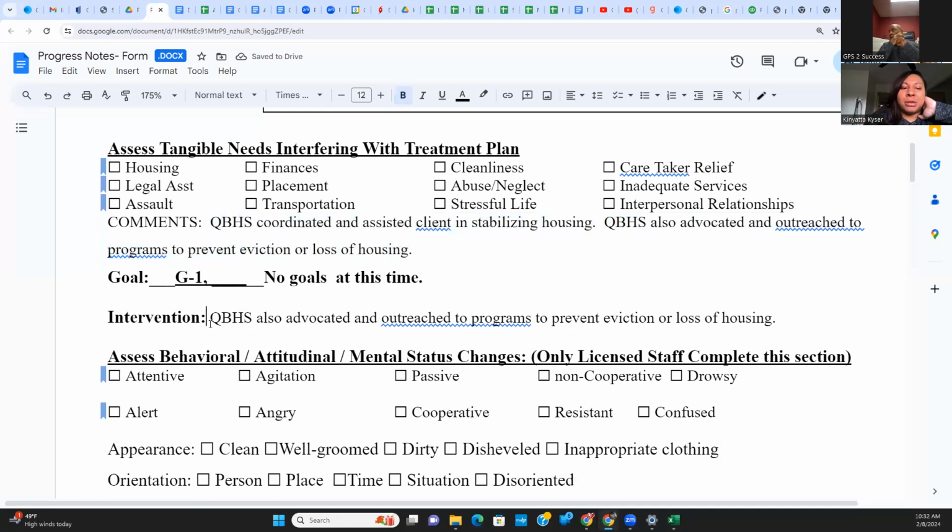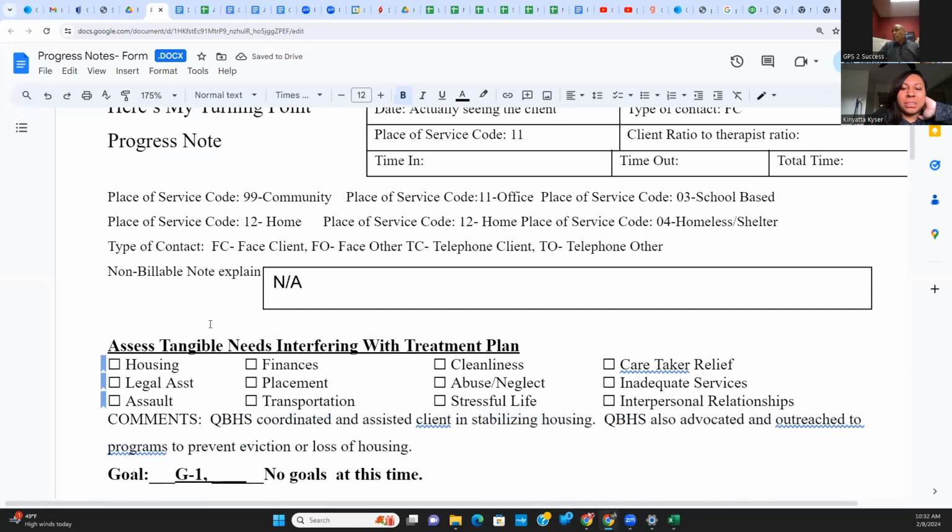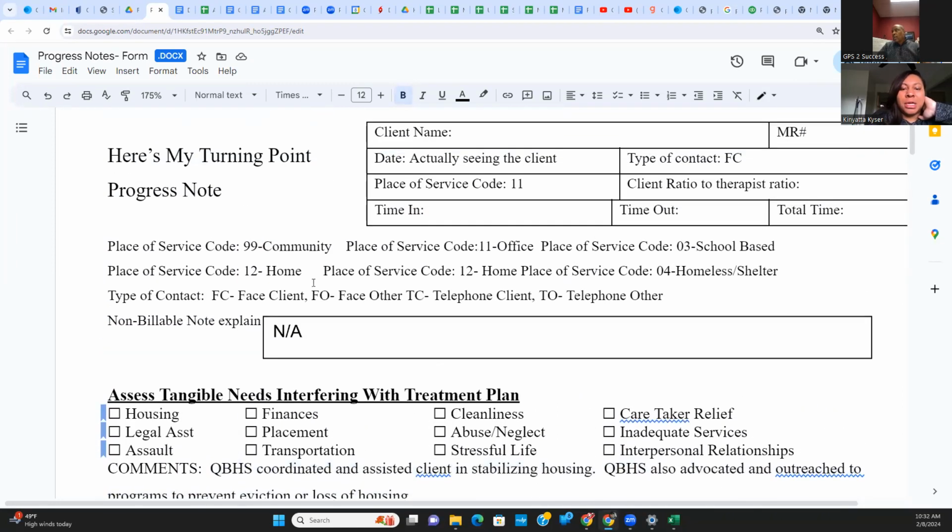Okay, then scroll back up to the top, because there's something we didn't do, the time, how much time it took me to do this. And the client to therapist ratio, it would have been 1-on-1, because I'm doing the service on their behalf. The type of contact is telephone other.